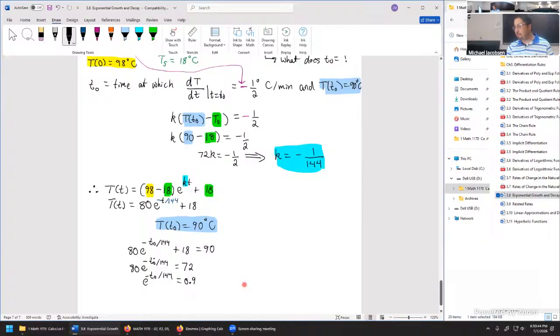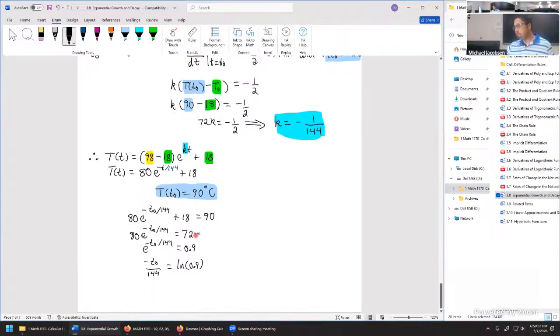And we have to scroll. Let's scroll down a bit. Take the natural log of both sides, and you'll get negative T naught over 144 equals natural log of 0.9. And then finally, T naught is negative 144 times natural log of 0.9.